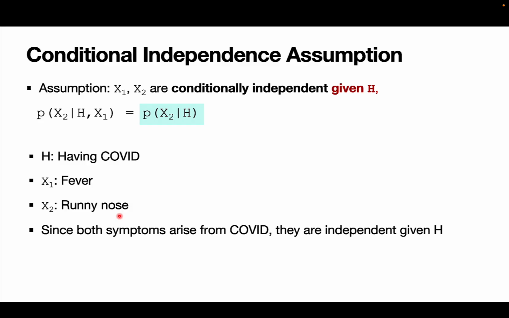So they are independent under this given hypothesis. And if those two pieces of evidence are conditionally independent under the hypothesis, I can write probability of x2 given h and x1 as probability of x2 given h. This is going to simplify the derivation and the application.